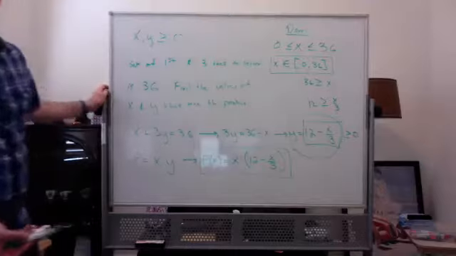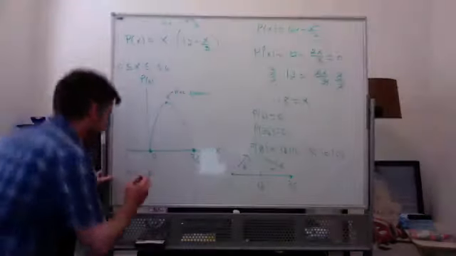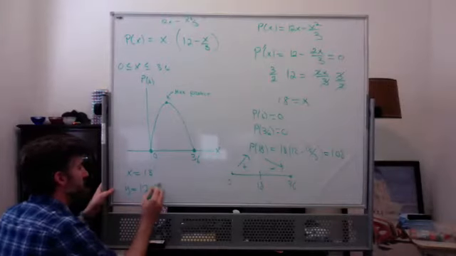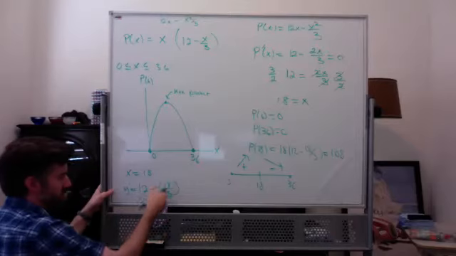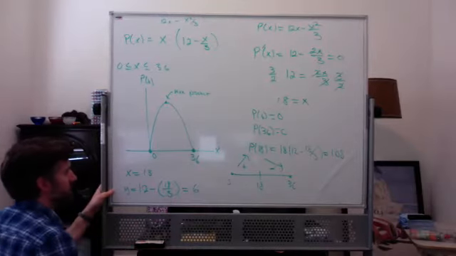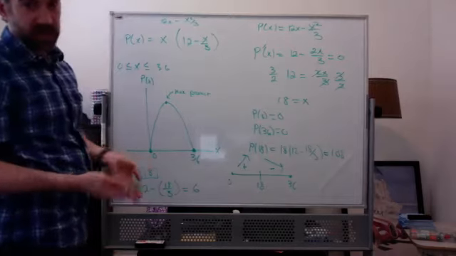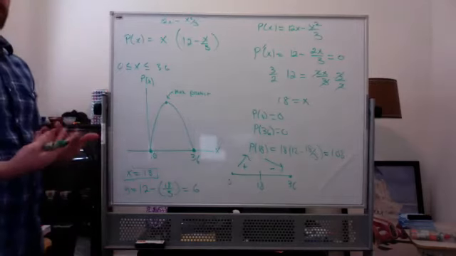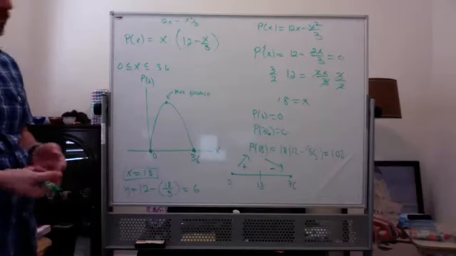So y equals 12 minus x over 3, where x is 18. So 12 minus 6 is 6. So the x and y values would be 18 and 6. The maximum product would be the product of those two things, which is 108.